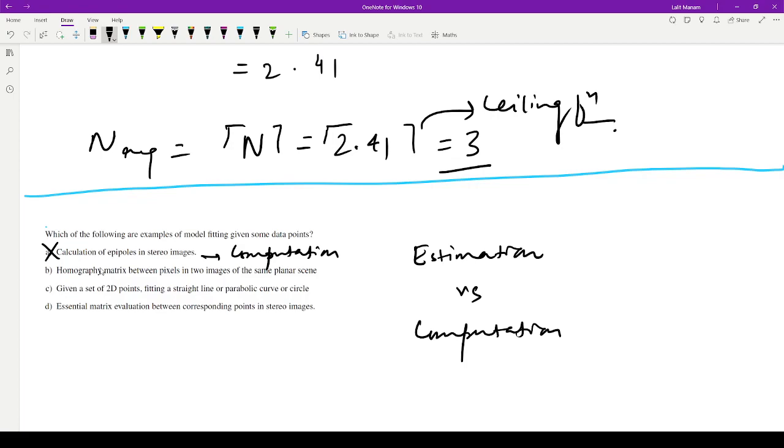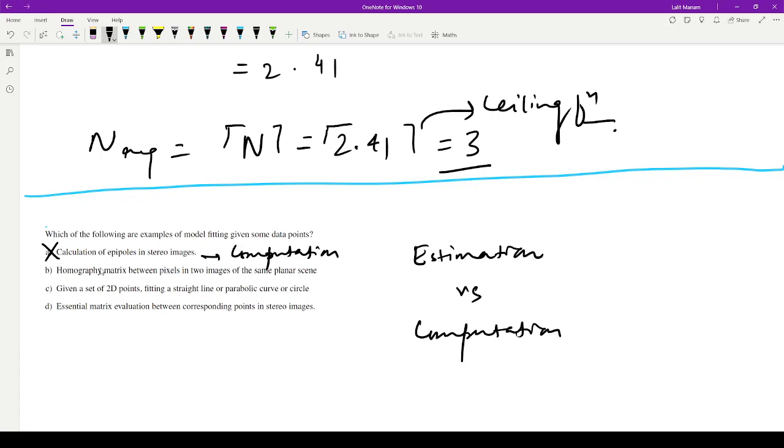What next? We have a homography matrix given pixels in two images of the same planar scene. Do you think it is a model fitting problem? Yes, sir.